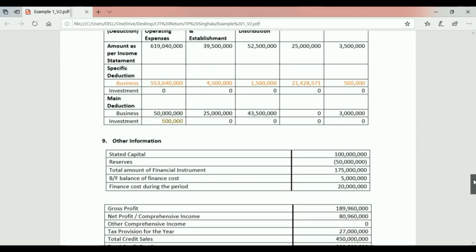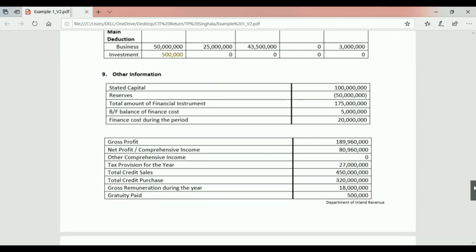Then schedule 9 includes the other informations, right? Share capital details, reserves, minor reserves, then how it impacts the calculation of the limitations for section 18. Based on this information, we are going to identify the brought forward finance cost and the finance cost during the period, right?